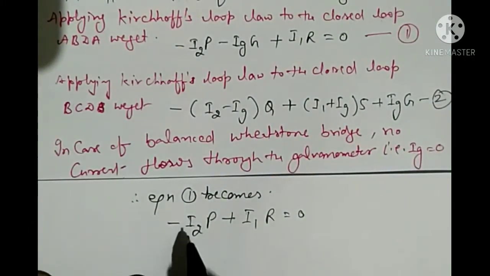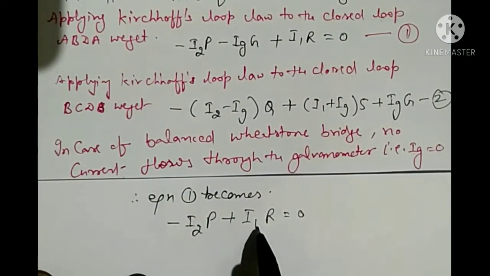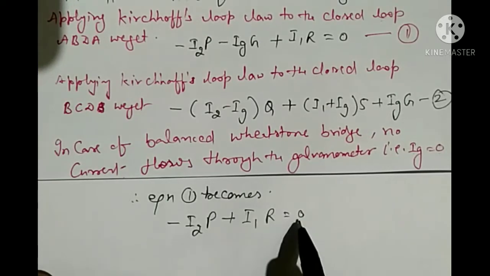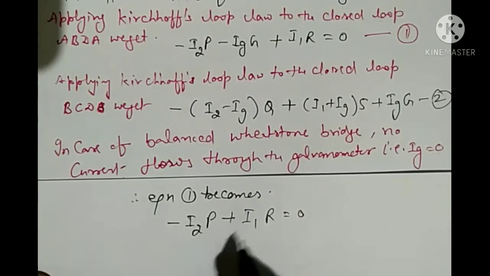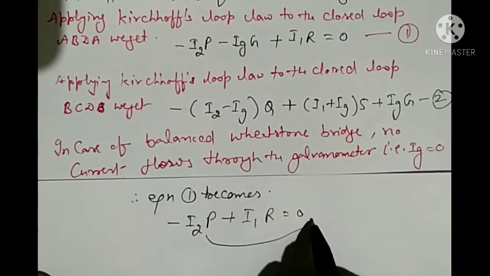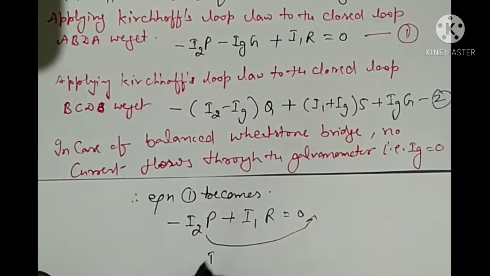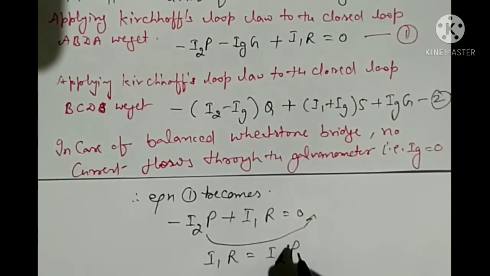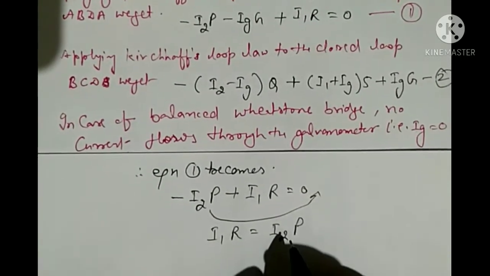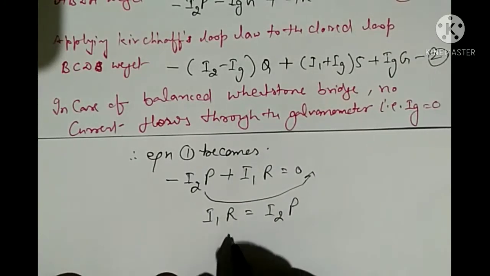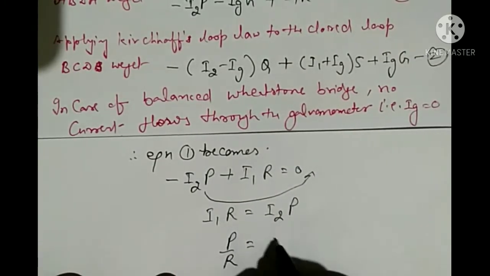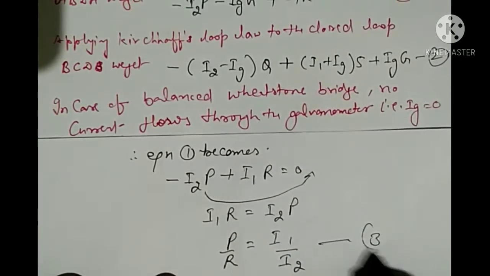So we are left with minus I2 P plus I1 R equal to 0. Now taking this to the right-hand side, we get I1 R is equal to I2 P. Now rearrange this: P over R is equal to I1 over I2. This is equation number 3.